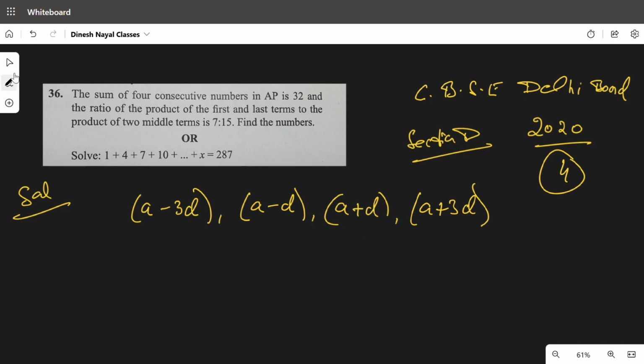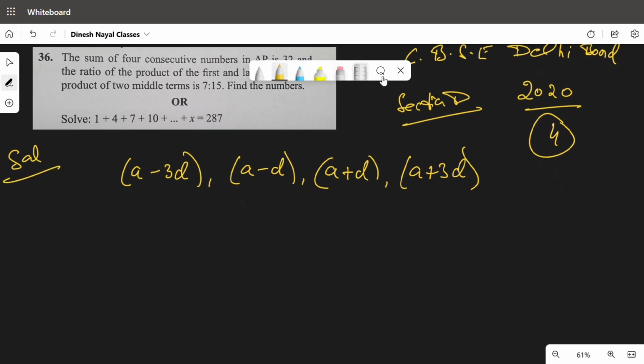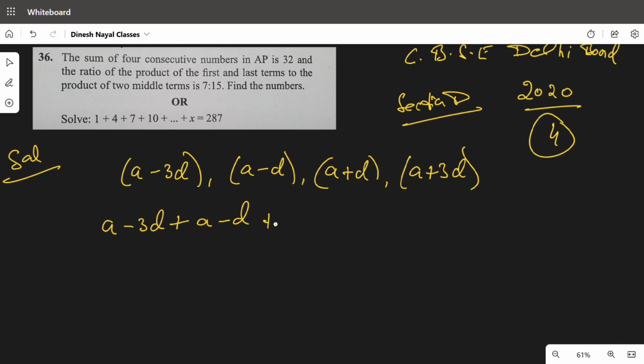Now, what is given to us? The sum of these numbers is 32. So just do the sum: A minus 3D plus A minus D plus A plus D plus A plus 3D equals 32.